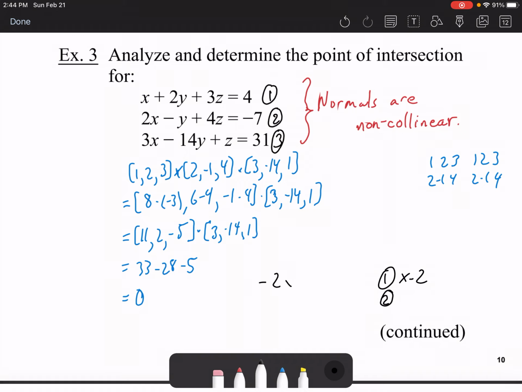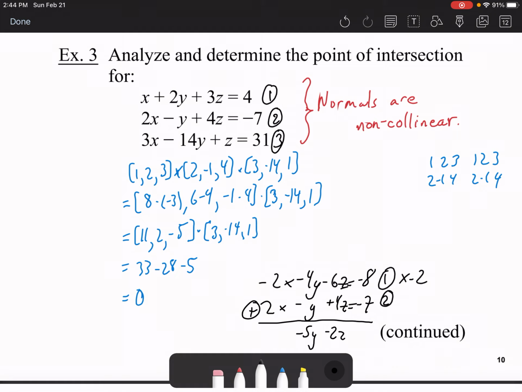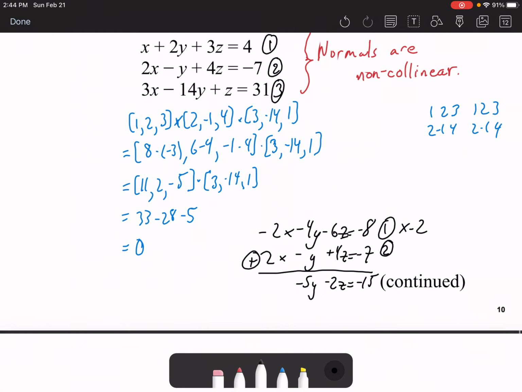So -2x minus 4y minus 6z equals -8. Okay, so I get -5y minus 2z equals -15.